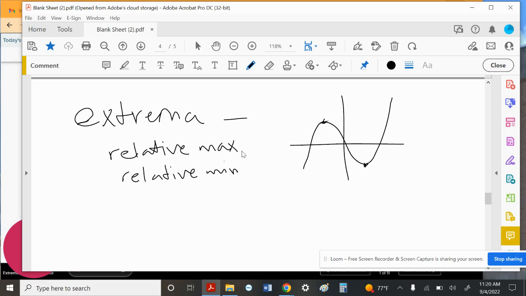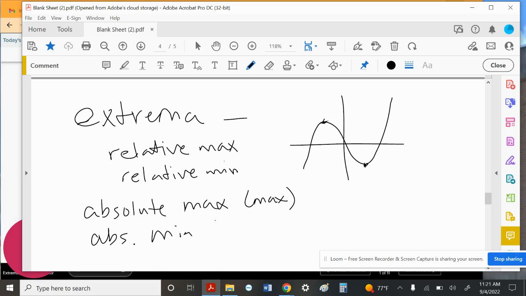Now, we have our absolute max and min. I'm going to use that term. So we have our absolute max, which in this case the book just calls max. And we have our absolute min, which the book just calls the minimum.